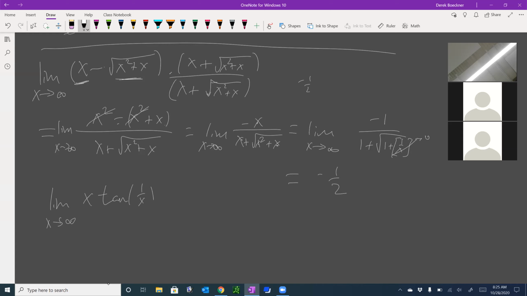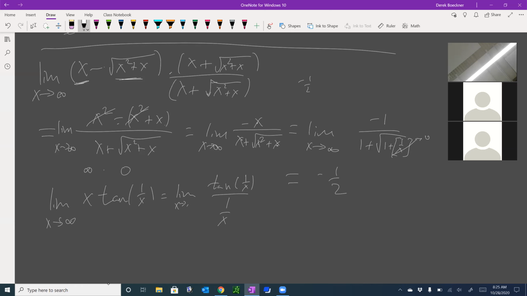I want it to be like 0 over 0, so we're going to put tangent of 1 over x over 1 over x, because that's the same thing. Multiplying by x is the same thing as dividing by 1 over x. Now I can use L'Hopital's rule.